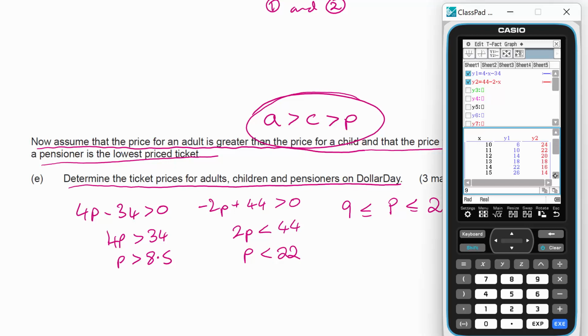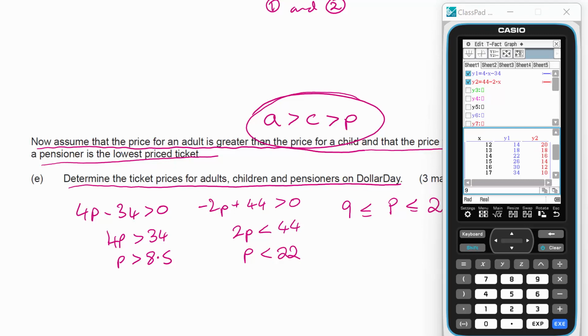Now, if you actually investigate this table, you'll find that the only one that actually fits is when P is 14. And that's the adult price being 22, the child 16, and the pensioner 14. That is the only one where the adult price is more than the child price is more than the pensioner price.